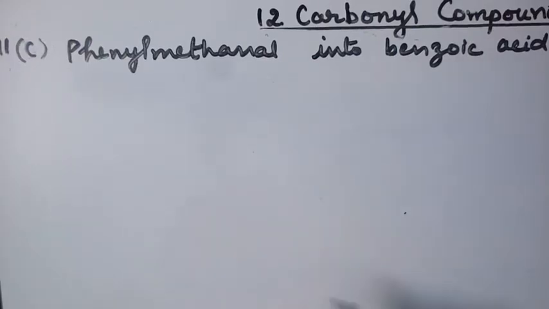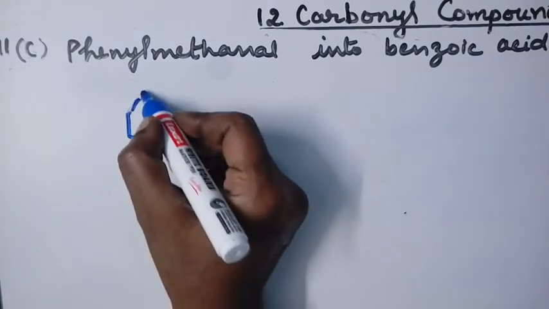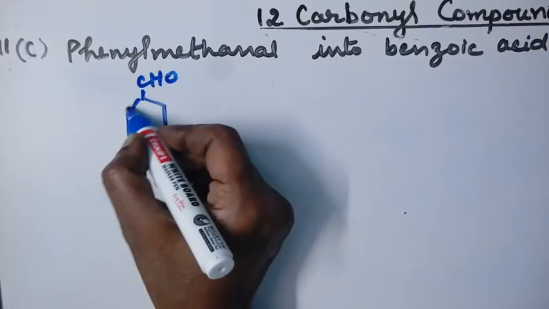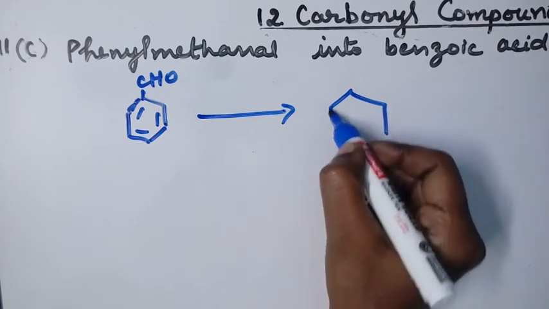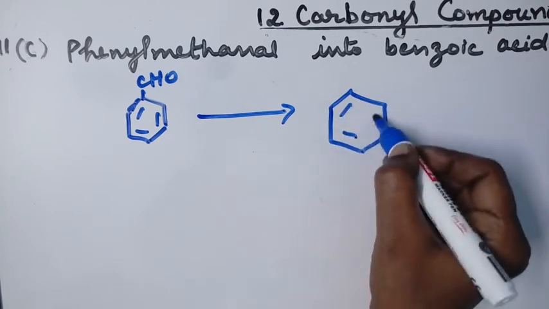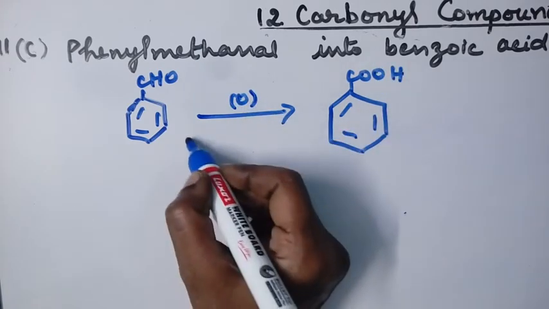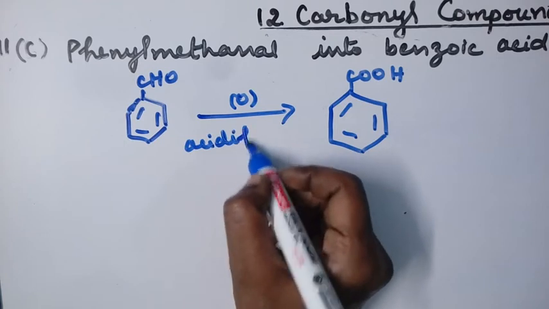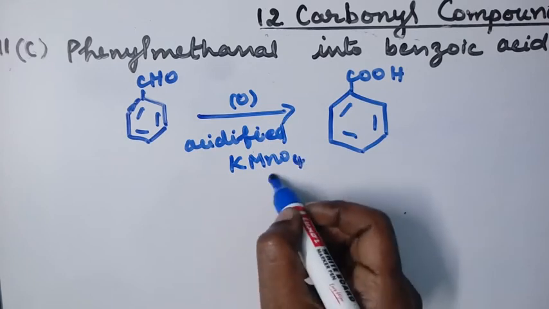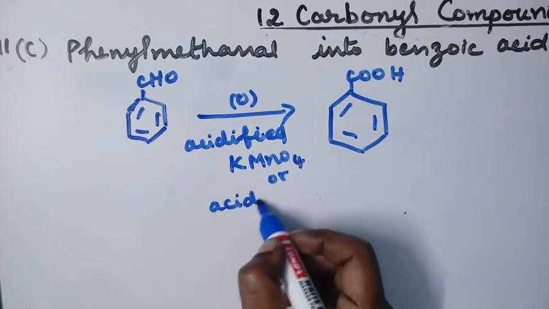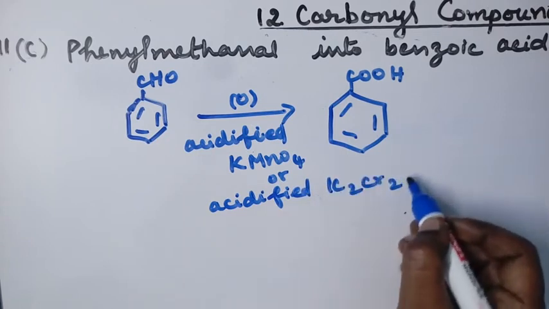Phenyl methanal into benzoic acid. Phenyl methanal is benzaldehyde, CHO. Benzaldehyde to benzoic acid is done on oxidation with acidified KMnO4 or acidified K2Cr2O7, potassium dichromate.